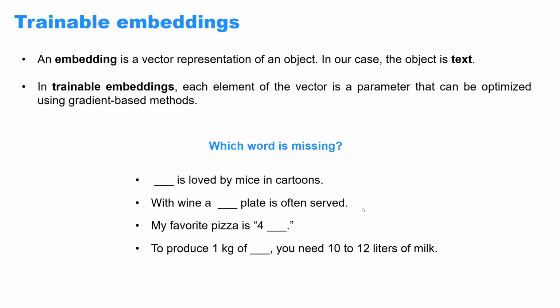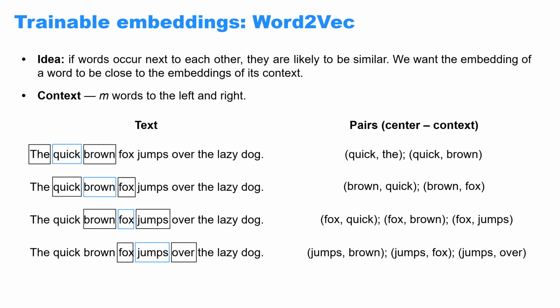So we don't see the word cheese on the slide. However, we know that this empty space should be filled in by cheese. So that's the main idea of the approach called word2vec.